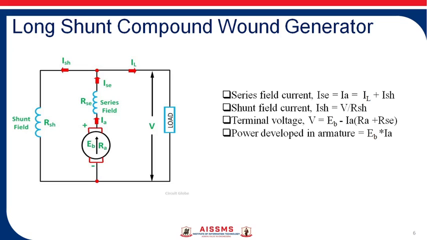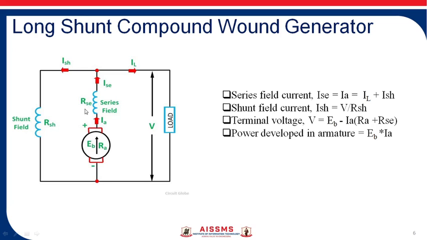Then the last type of the self-excited DC generator is the long shunt compound wound generator and short shunt compound wound generator. Here we are going to see the long shunt compound generator. In this long shunt compound generator, we can see the field winding is connected in series with the armature as well as in parallel with the armature. So over here the armature current is the same as the series field winding current, and that is equal to load current plus the shunt field winding current.